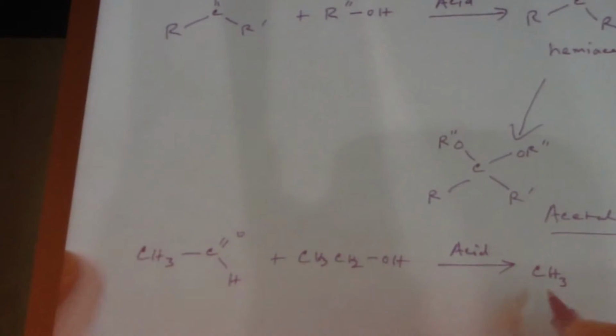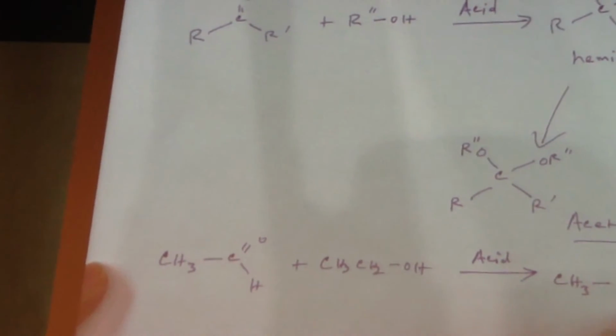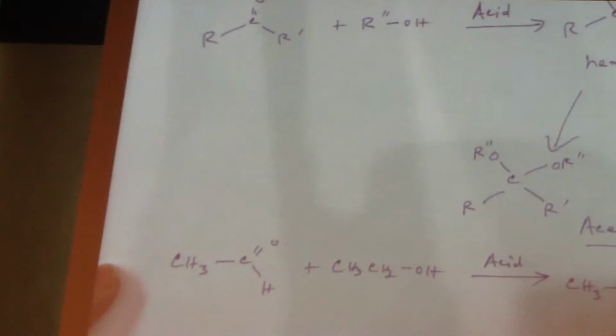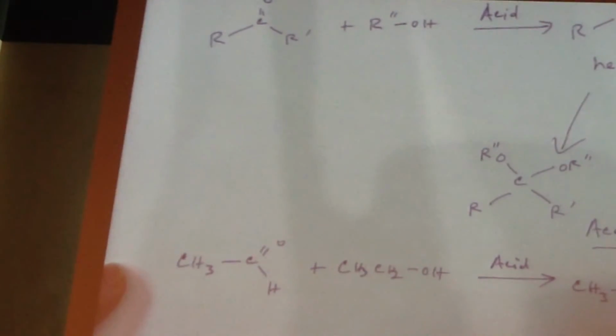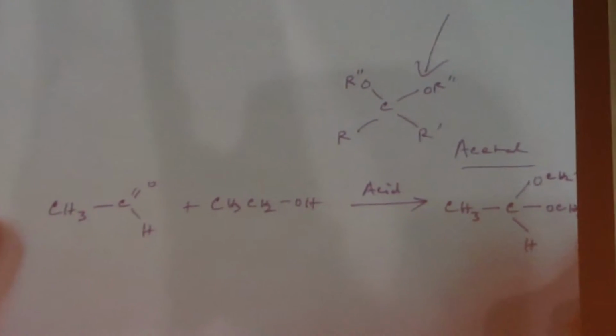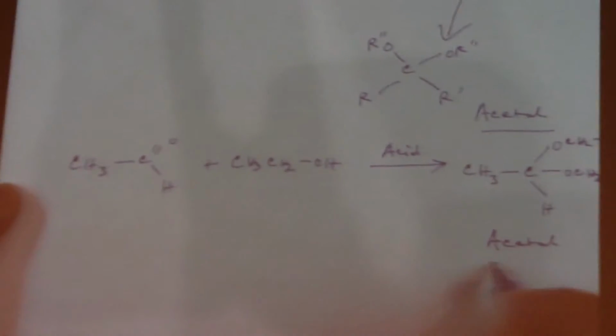You have CH3 connected to OCH2CH3 and OCH2CH3. Obviously, it goes through a hemiacetal intermediate. So this is the acetal that is being formed.